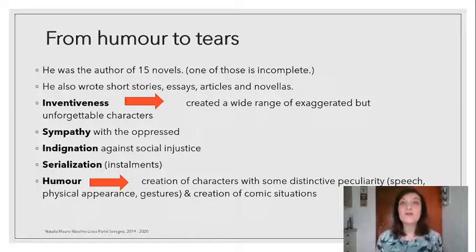Then another characteristic which is really important, is really fundamental, is his humor. We started this lesson stating that Dickens's novels can both make us laugh and cry.